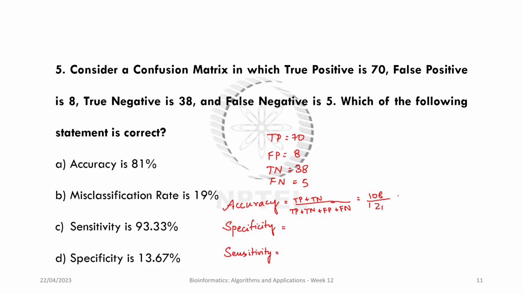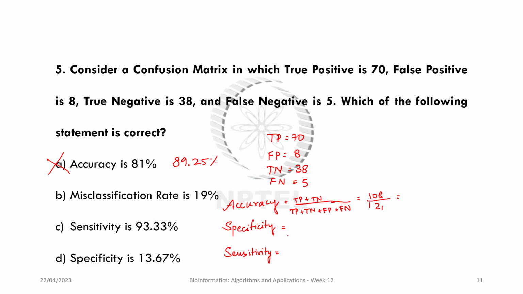So, this is definitely not going to be just 89%, right? So, that's gone. People who are still solving, you have B, C, and D to guess from.